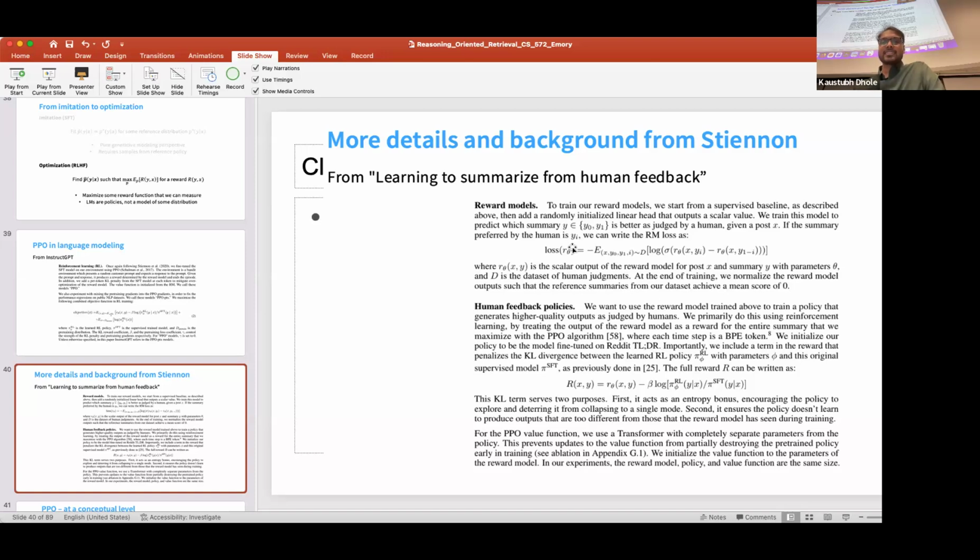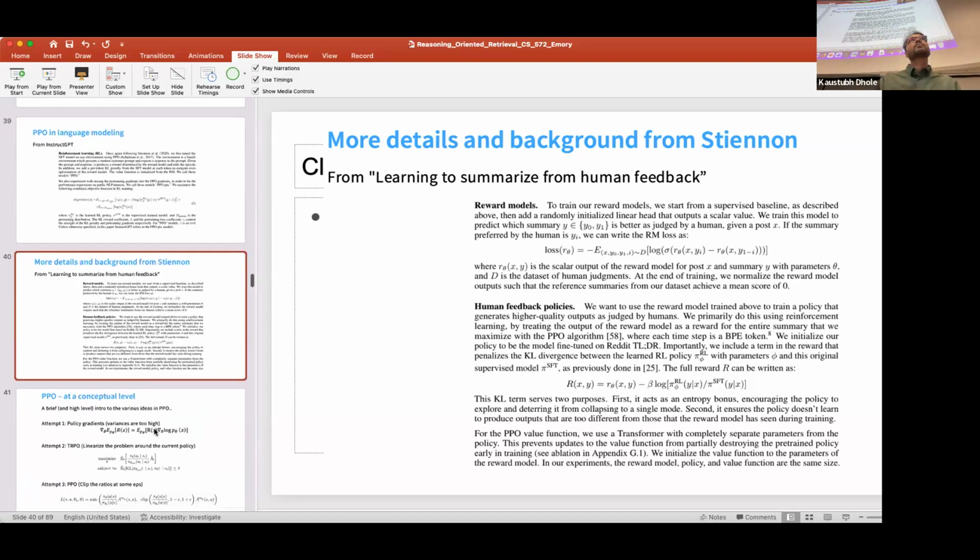So essentially, this loss equation is important. This helps us train our reward model, right? So the human is selecting which answer they prefer, and the loss is on the reward model.